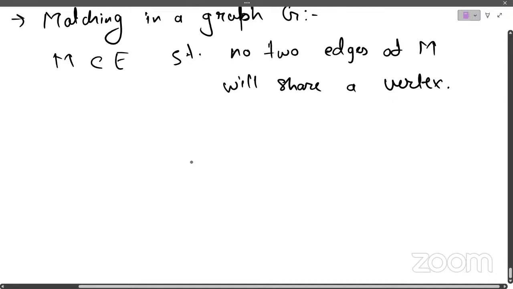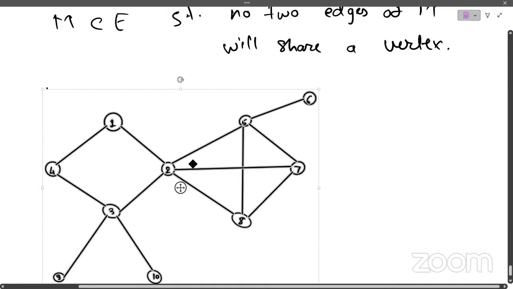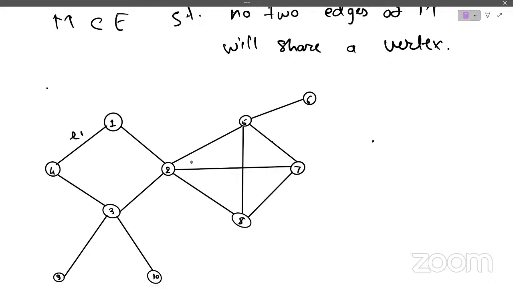Okay. For example, you have this graph. If I take this edge E1 and this edge E2 and this edge E3, and I form my set M to be E1, E2, E3, then these three edges are not sharing any vertex, right?